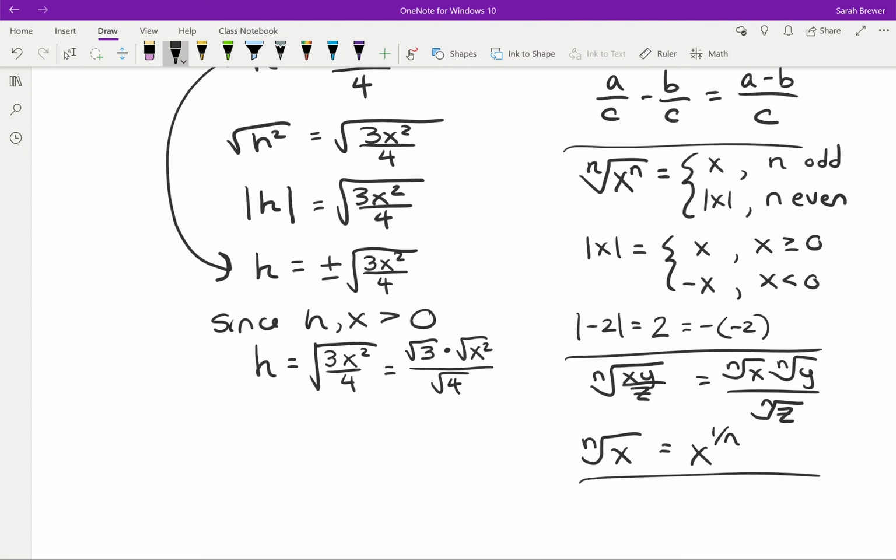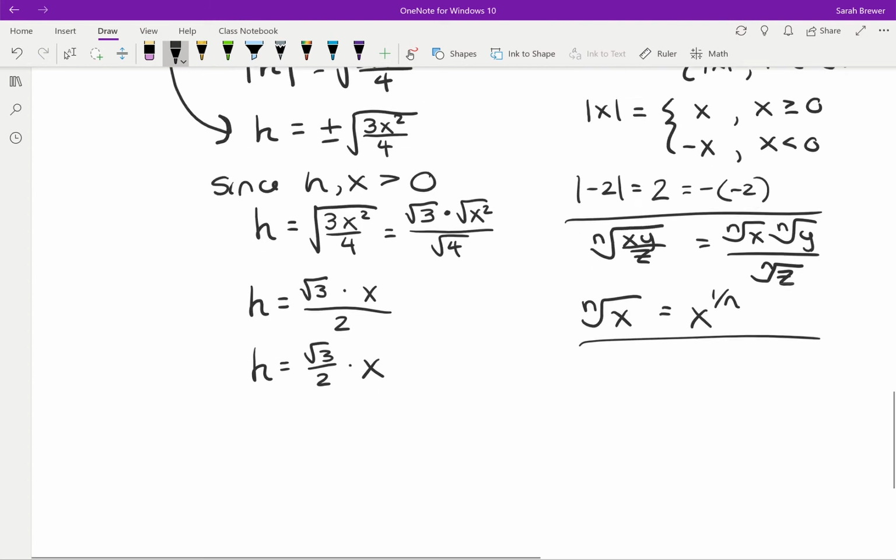Okay, so then again, normally I would simplify the square root of x squared as the absolute value of x, but since we know x is positive, I don't have to worry about that. So I'm looking at the square root of 3 times x, and the square root of 4 is positive 2. So we get that our altitude is root 3 over 2 times x.